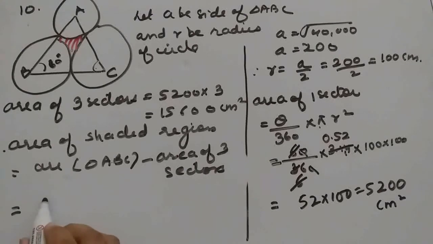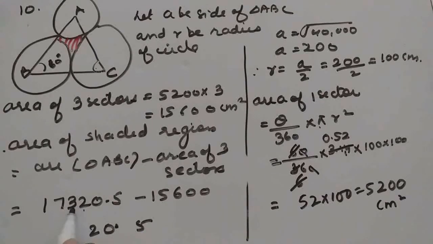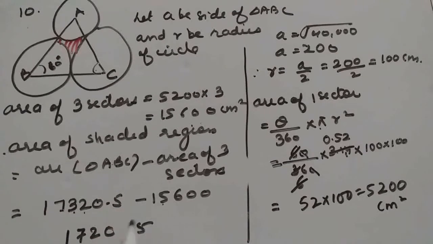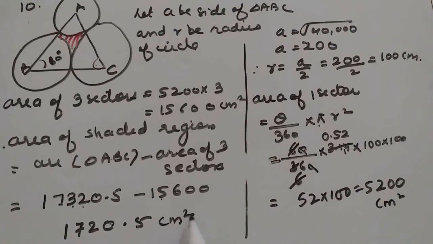That is given by 17320.5 minus 15600. Okay, so 0.5 will come, 0, 2, then from 13, 6 will go, so 7, from 6, 5 will go 1. So 1720.5 centimeter square.